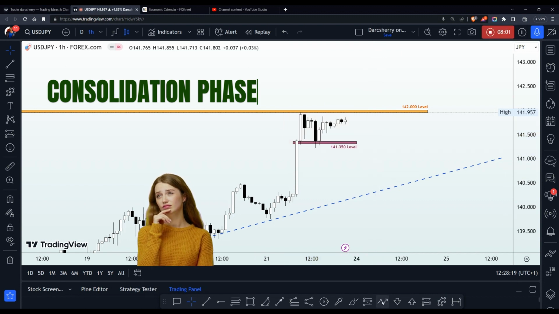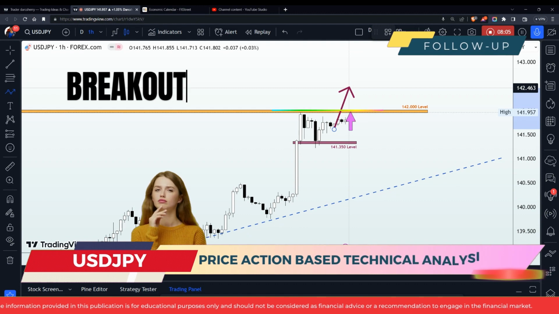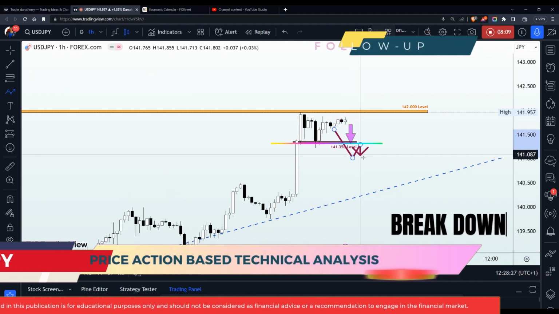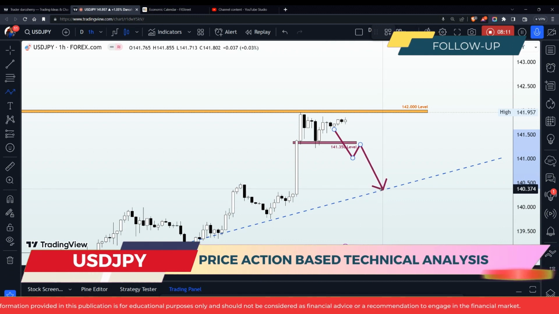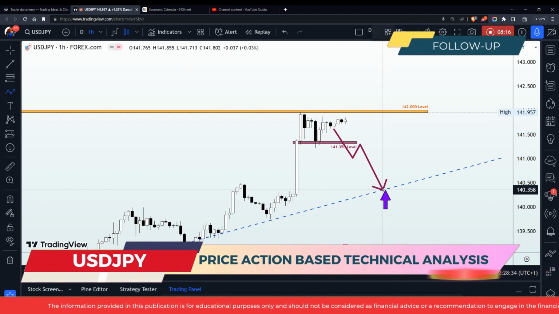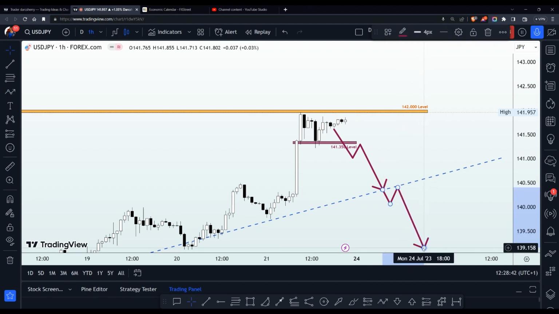So we are going to be looking forward to either a breakout of structure to give us an opportunity to buy, or the breakdown of structure to give us an opportunity to sell. Depending on how price action reacts to the trend line here will decide if we are going to be joining an uptrend continuation or a sell-off in this market if price action breaks down the trend line.